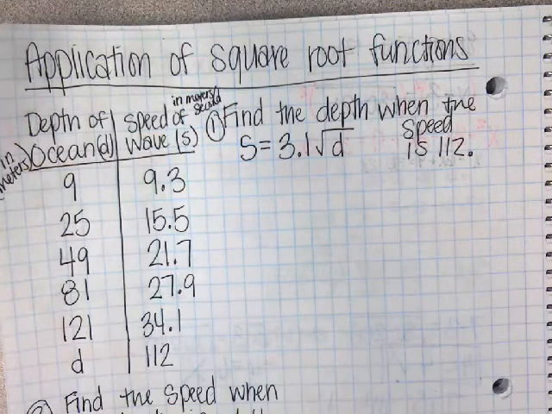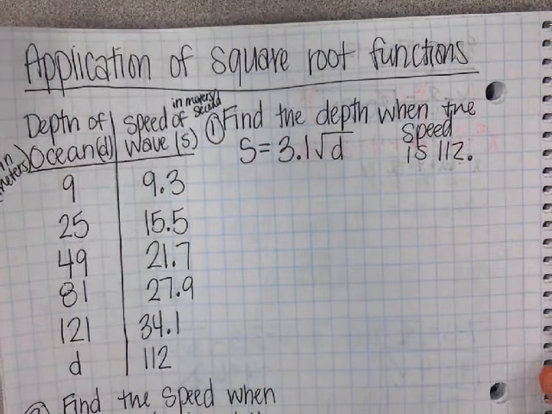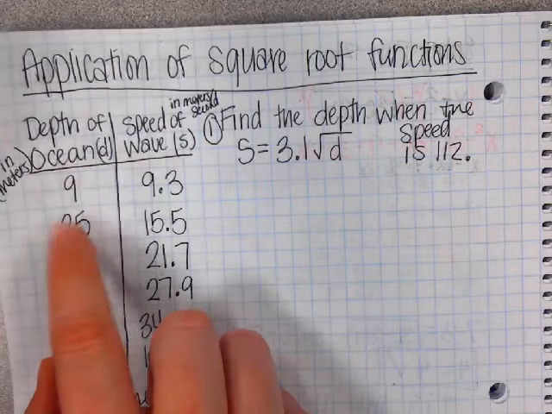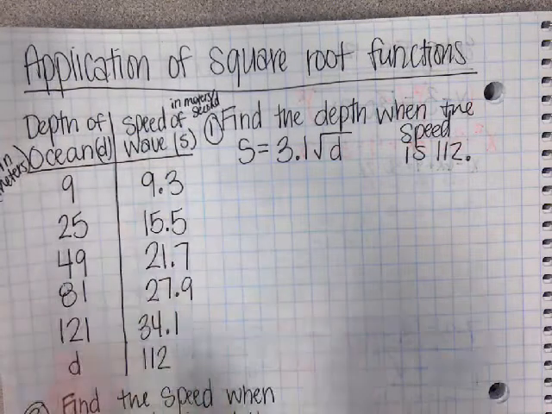What it's talking about is whenever scientists are trying to decide when a tsunami is going to hit. You remember a tsunami is just a really large wave that's created by shifts in the plates underneath the ocean. So the speed of the wave definitely depends on the depth of the ocean at that point. They're called buoys.